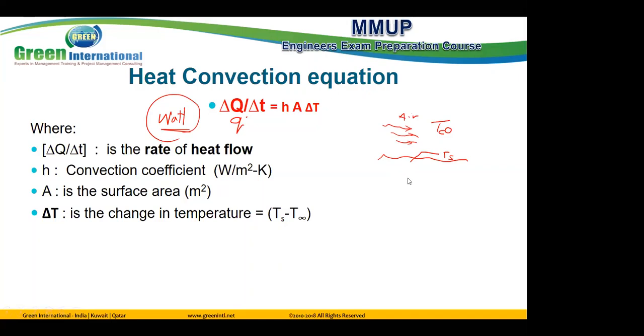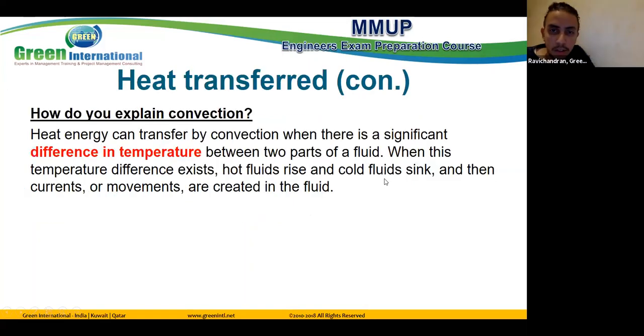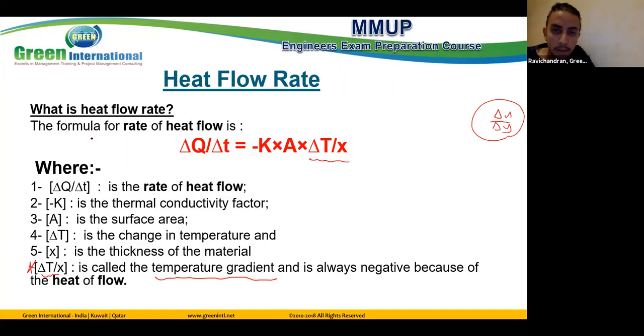If I go back to describe conduction, it is something like this. We have a body, with this temperature, for example T1, and this temperature T2, and because of the different temperatures, heat flows by Q dot. This is the thickness X, delta T here, K is the thermal conductivity of the material, and the area is the surface area here.